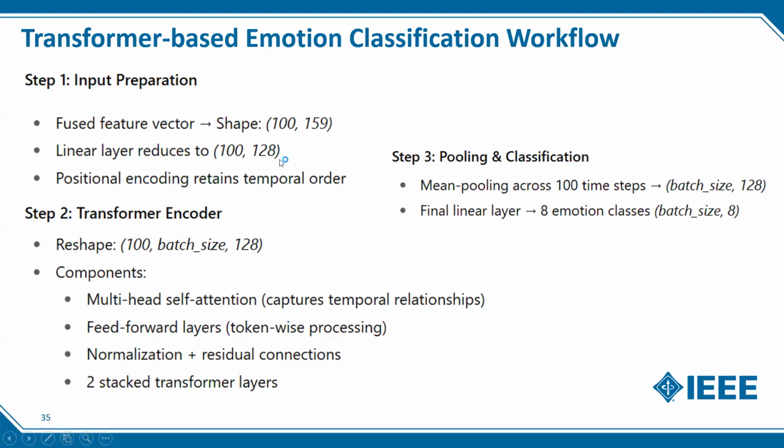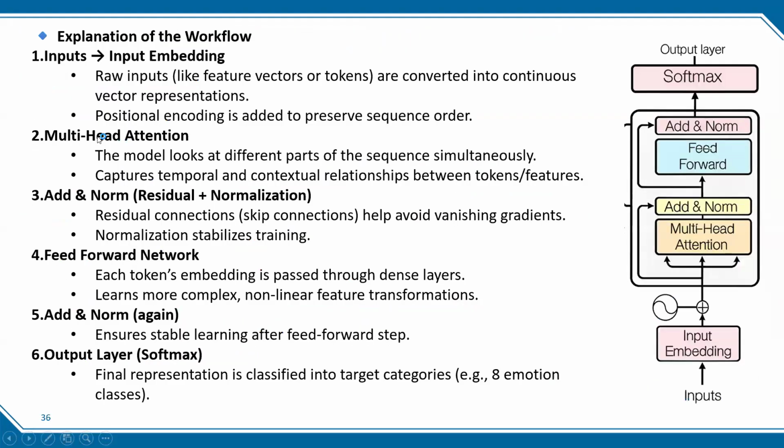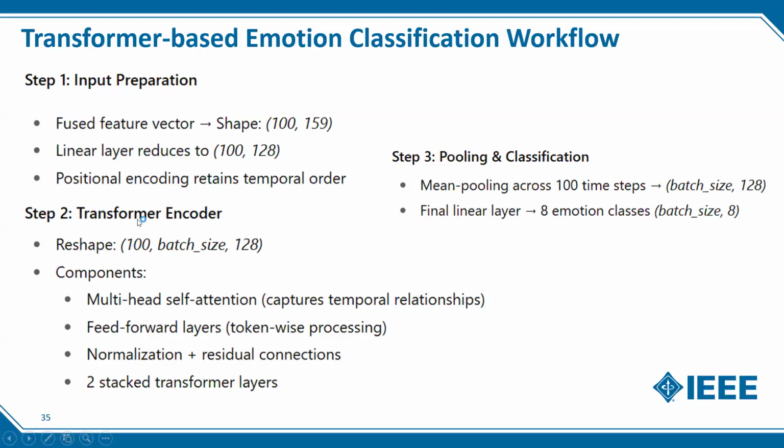Then we moved to the transformer encoder, and the size was reshaped. Previously it was 100, 128. Now the inputs are divided into batches, so 100, batch size, 128.